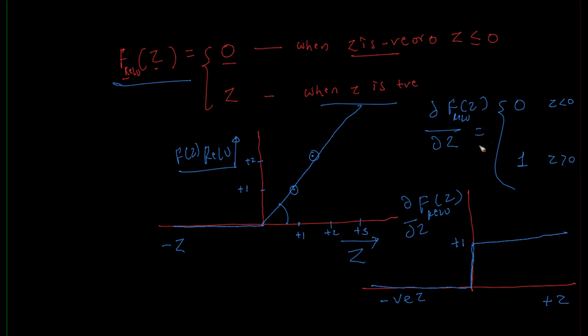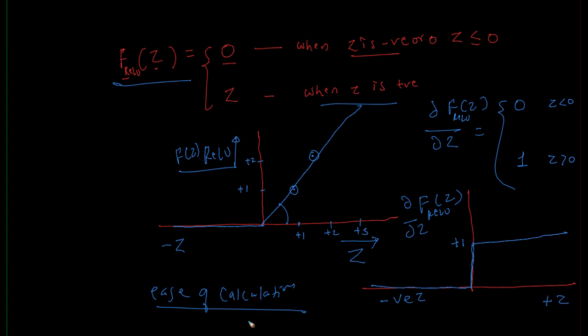Computing ReLU and its derivative is very, very simple, and that simplicity of calculation was one of the most important reasons which made ReLU very popular. ReLU today is the most popular activation function used.